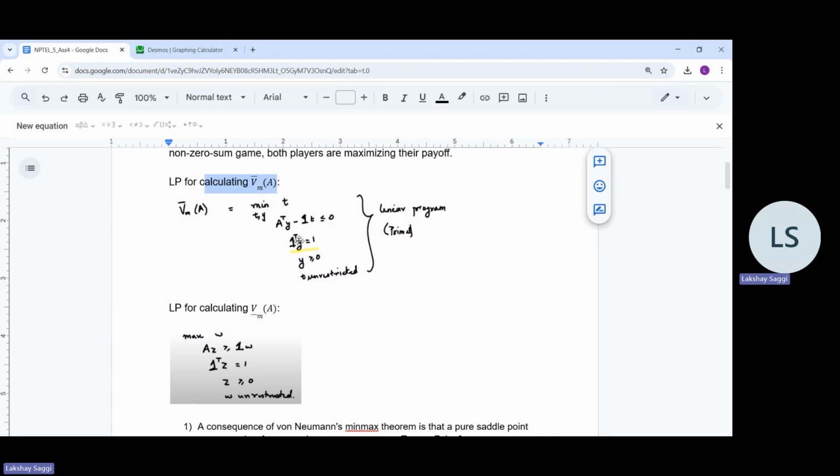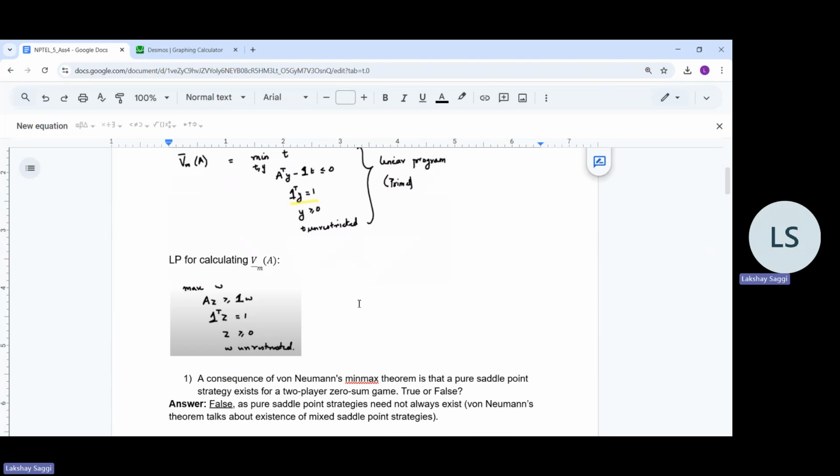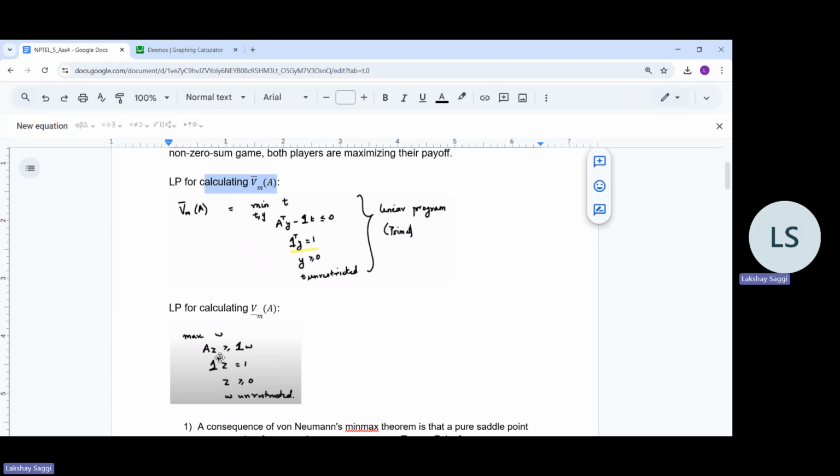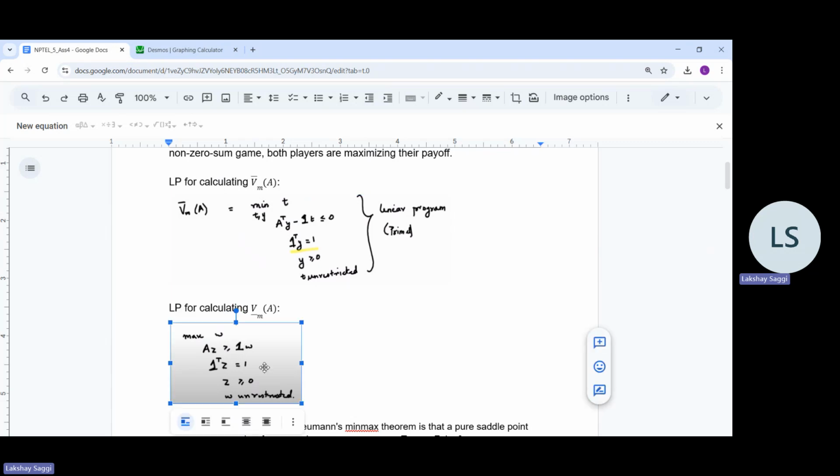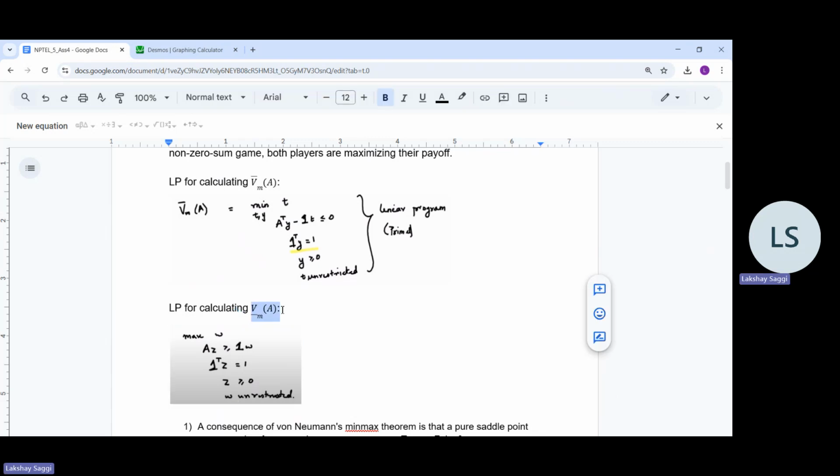Similarly, 1 transpose Y is equal to 1 and Y is greater than or equal to 0. It was also discussed in the lectures that the LP for calculating V underline M is just the dual of this primal LP. So this is the primal and this is the dual LP, and this dual LP is used to calculate V underline M of A.